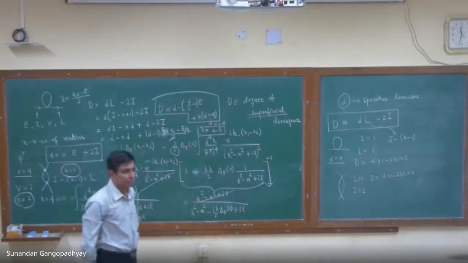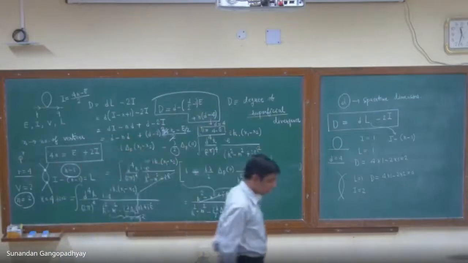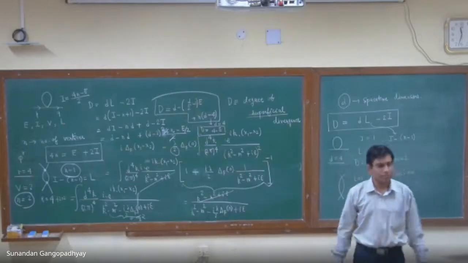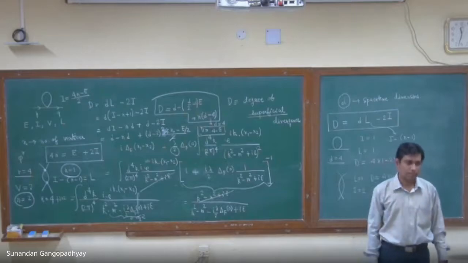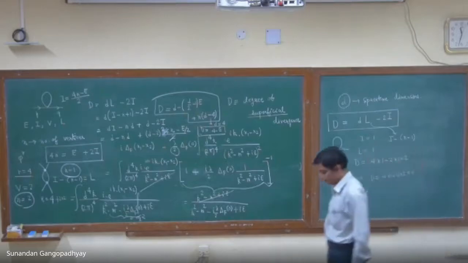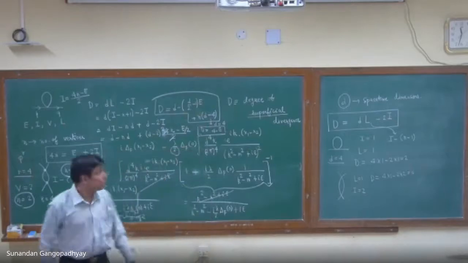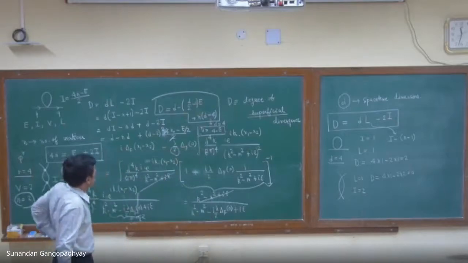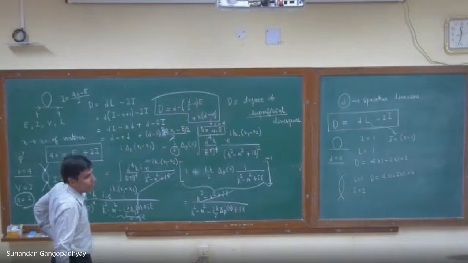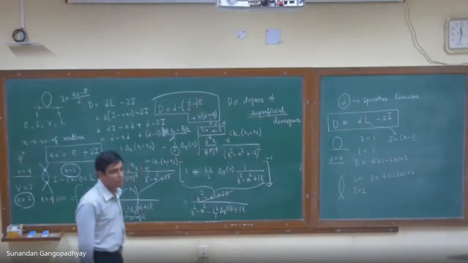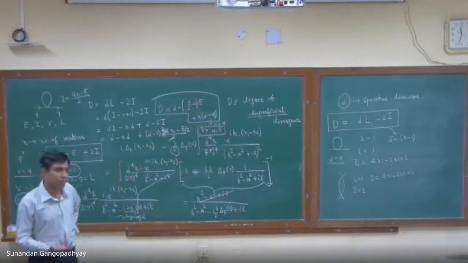So n should be greater than or equal to 1, right? So in 2 dimensions everything converges. For n equal to 1, there is a logarithm, and there are no divergences. The only divergence that you have is logarithmic.